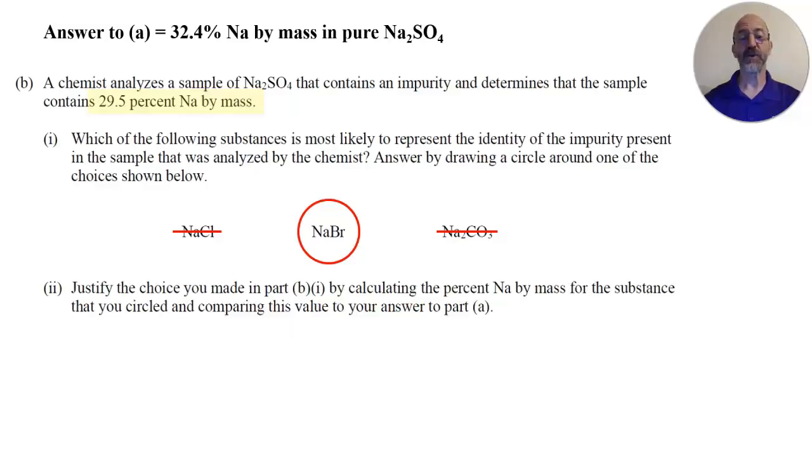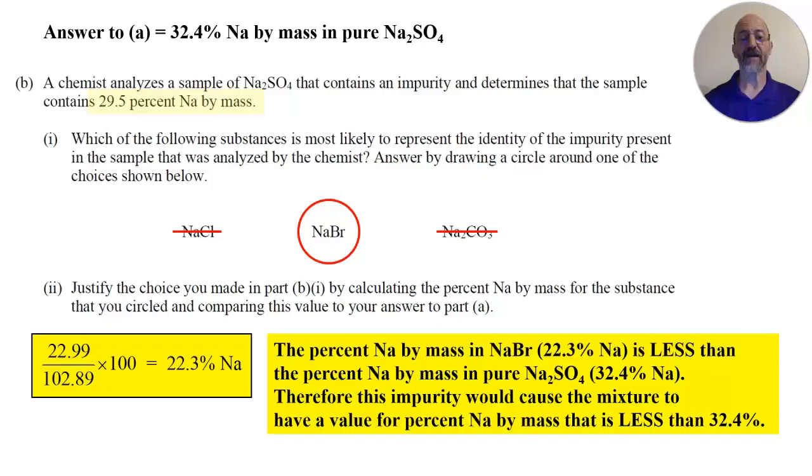So justify the choice you made in part BI by calculating the percent of sodium by mass for the substance that you circled and comparing this value to your answer to part A. So what I say here in part B double I is that the percent sodium by mass in sodium bromide is 22.3% sodium, and that is less than the percent sodium by mass in pure Na2SO4, which we had calculated in part A. So therefore, this impurity, sodium bromide, would cause the mixture to have a value for percent sodium by mass that is less than 32.4%.